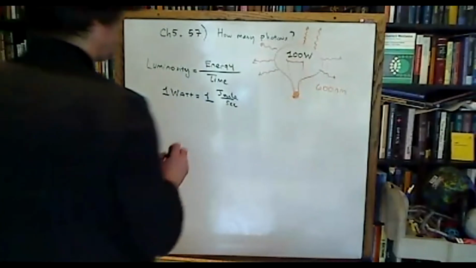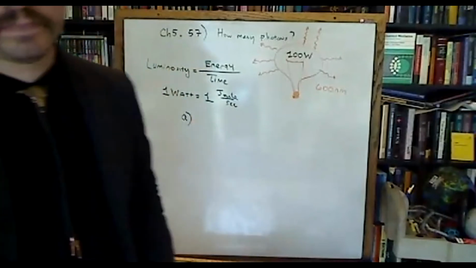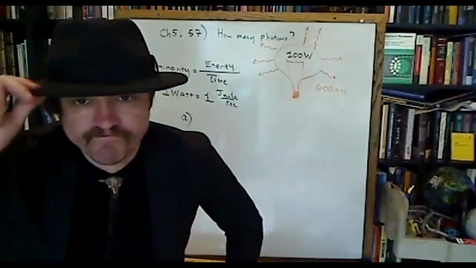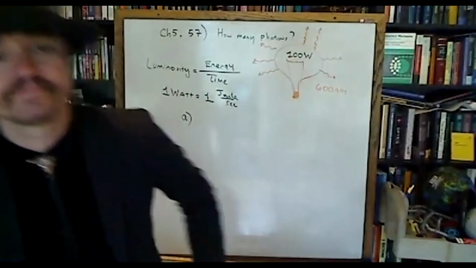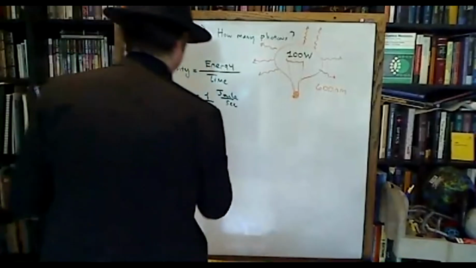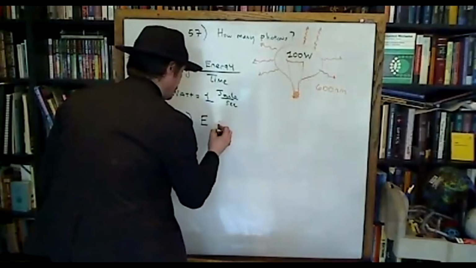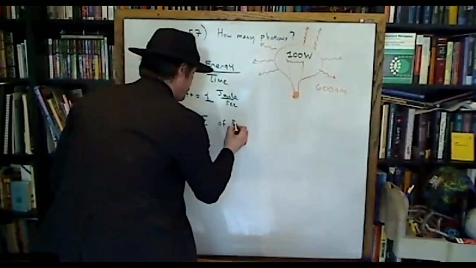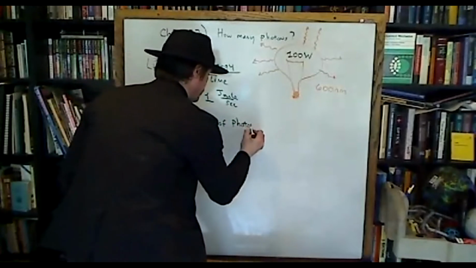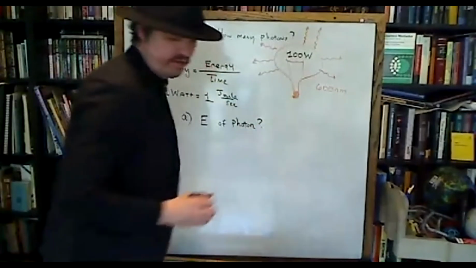Okay, what's part A asking us? Calculate the energy of a single photon with wavelength 600 nanometers. Okay, what formula do I want to use for that?